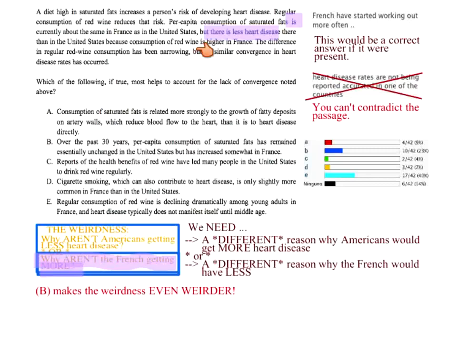So the passage says, overall, when you have more wine, you get less heart disease. When you have less wine, you get more heart disease. But what E is saying is that the people who are drinking much less wine now in France are really young. And that perfectly explains why the French are not getting more heart disease, because the people who will or should are not old enough yet.